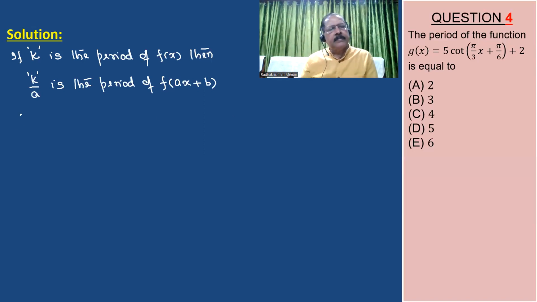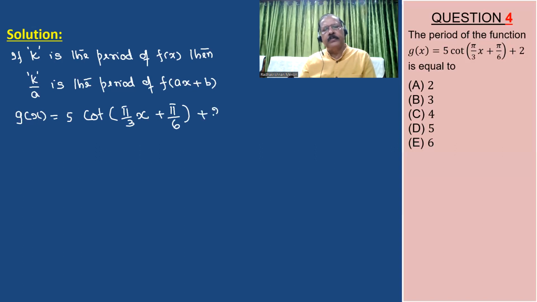So here, g of x is equal to 5 into cot of pi by 3 x plus pi by 6, plus 2. So what is the period of cot x? Period of cot x is equal to pi.